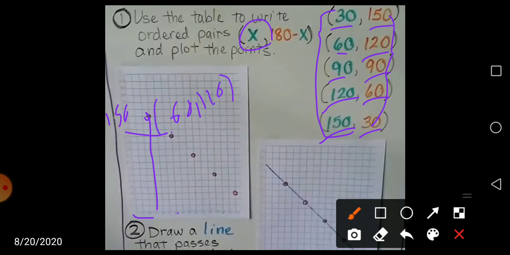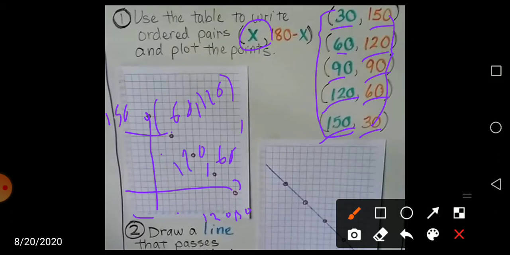After this, we draw the line after we finish the ordered pairs. Then 120 and 60, then 150 and 30, here.